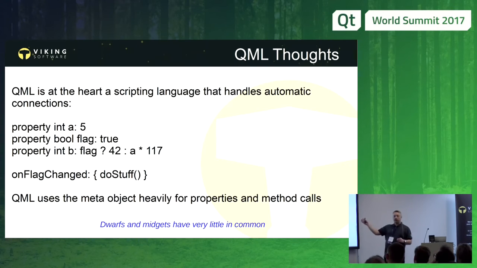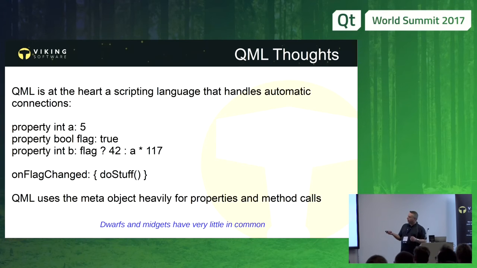But the properties here are just implemented as dynamic properties on QObject. You can argue that, and there are optimizations around it, but in the way you think about it, it's true. So you have a dynamic property called A, and it's a QVariant that has the number 5 inside it. This is a Boolean, of course.